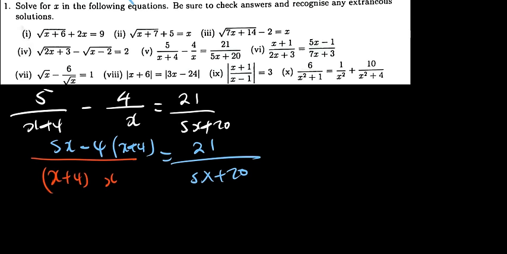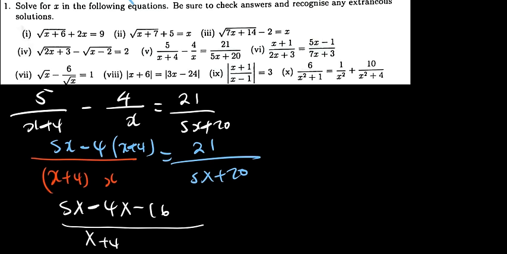Next, I can simplify the top part here. So it's going to be 5x minus 4x minus 4 times 4, which is 16. So that's what we're going to have. Then I divide this by x plus 4. Then I've got it equal to 21 over 5x plus 20.